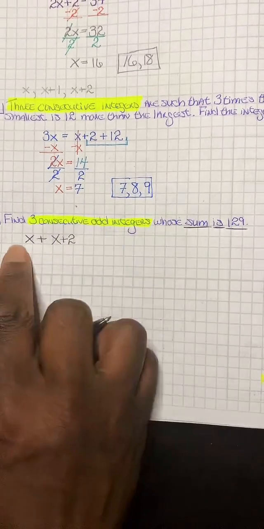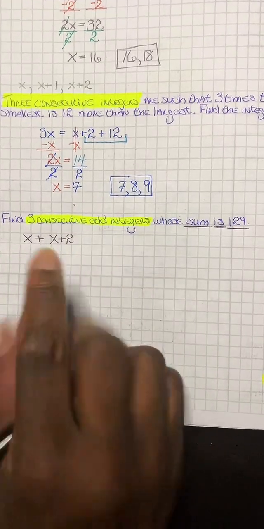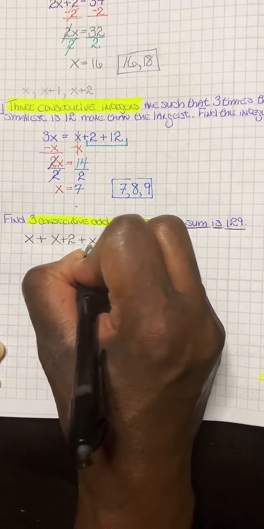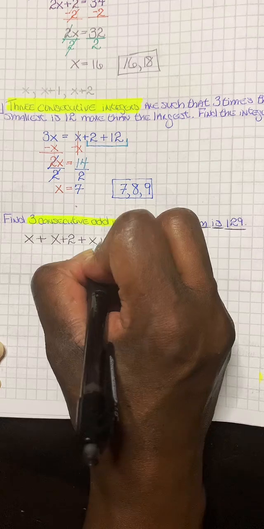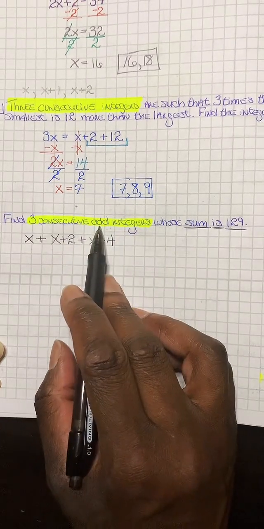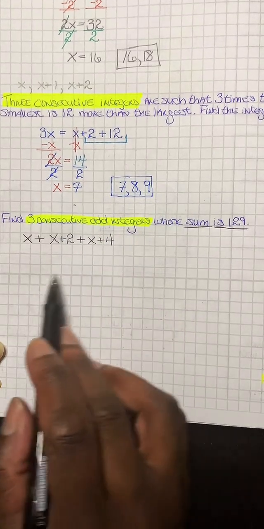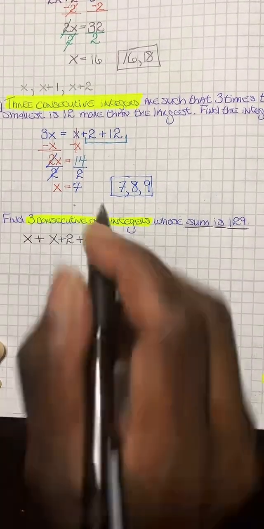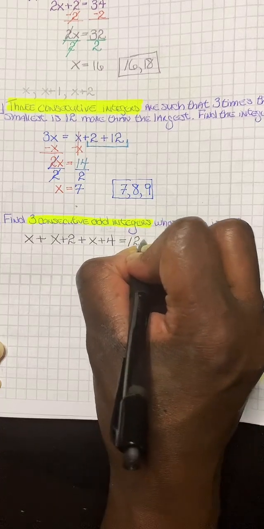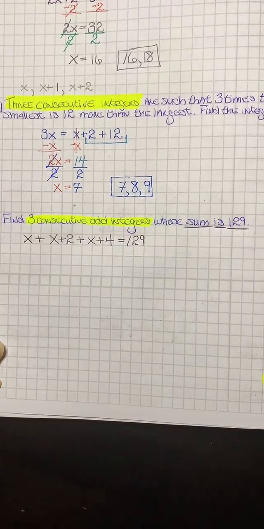That's going to be my second integer. Now I want to find the third integer. So I'll start with my x and now I'm adding 4. Odd and even, you're doing the same pattern. Which is equal to 129.